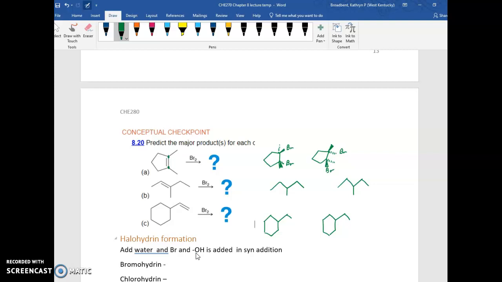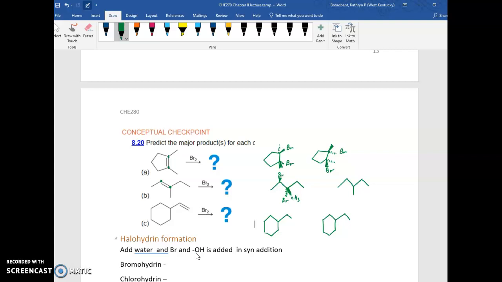So let's add to here. We're going to add a bromine here and we're going to add one there. So we will end up with a bromine in the up position, and this will end up being a dash. So that's in the up position, so this bromine has to be in the dash position, and the methyl group here is on a wedge.